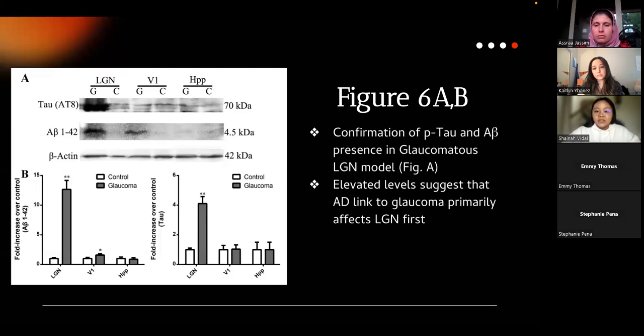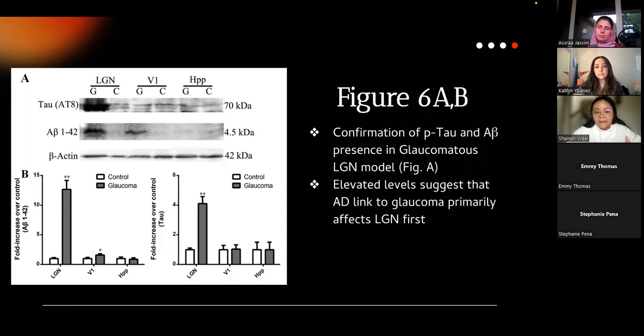With the anatomy that we just previously saw in figure 5's imaging, we know that structures related to these markers are present. When we take a look at our Western blot, we can see that because the structures are there, these protein biomarkers are also there, which confirms that there is something going on between our glaucoma and Alzheimer's models.